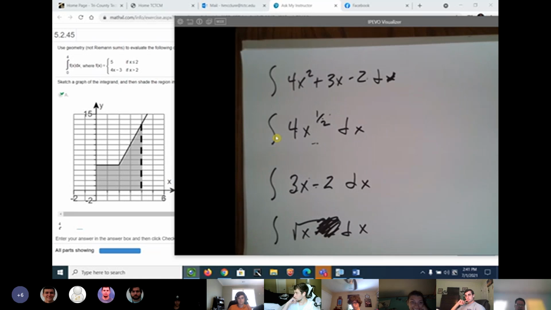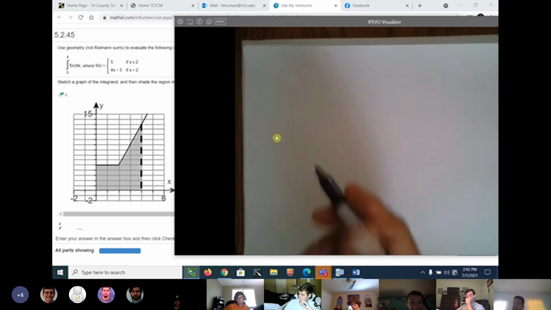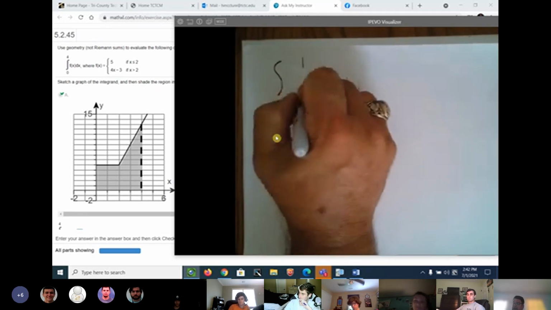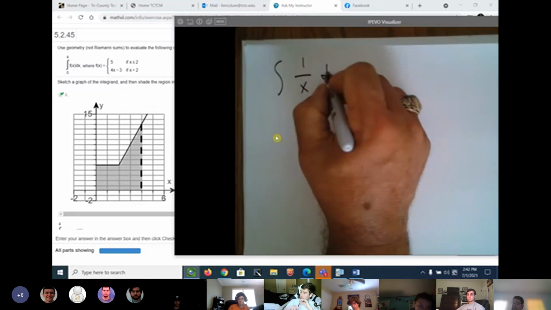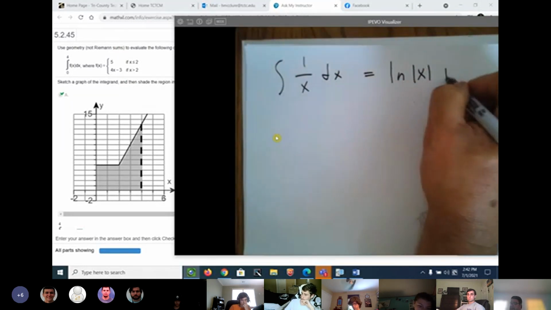And then we want to throw some logarithms in there. Let me find my logarithms. I had some logarithms to show y'all, but I can't find them, so I'll just make one or two up. The antiderivative of 1 over x dx is equal to the natural log of x plus c.